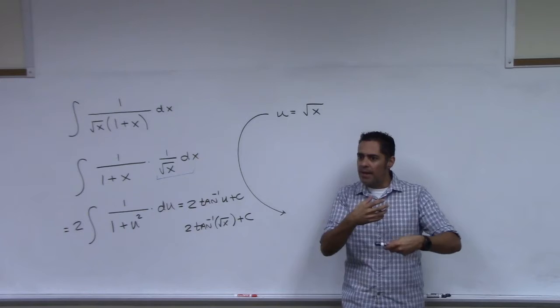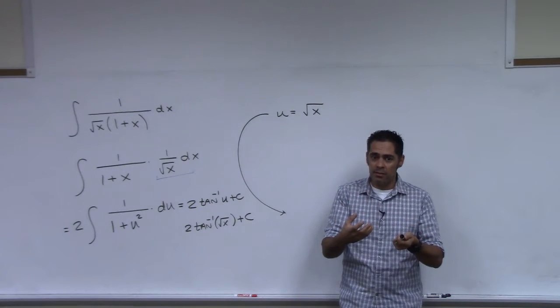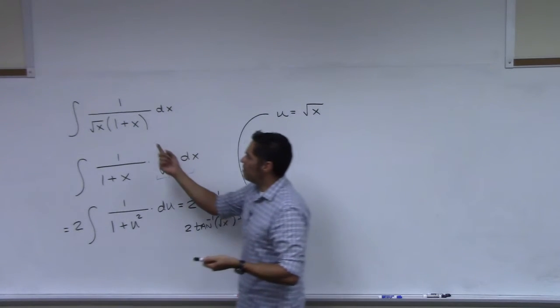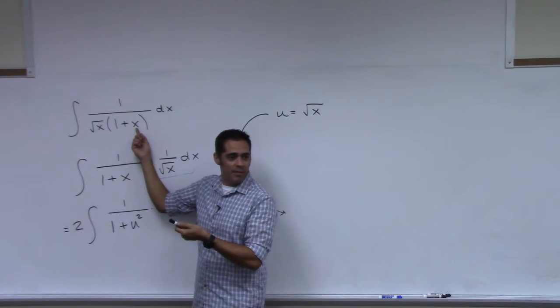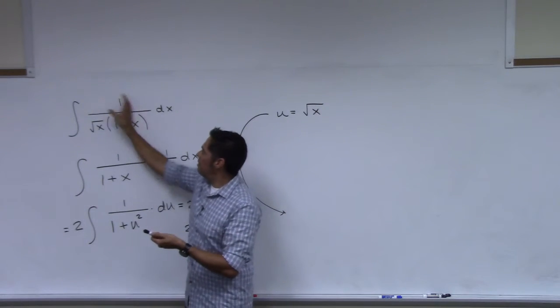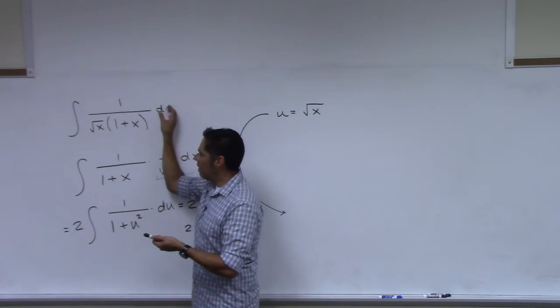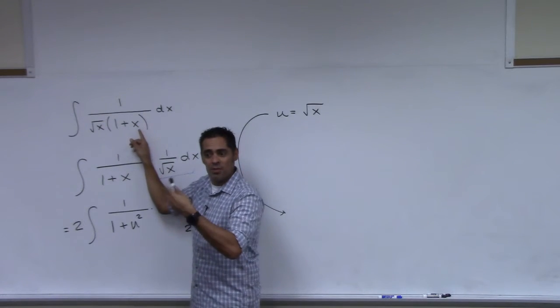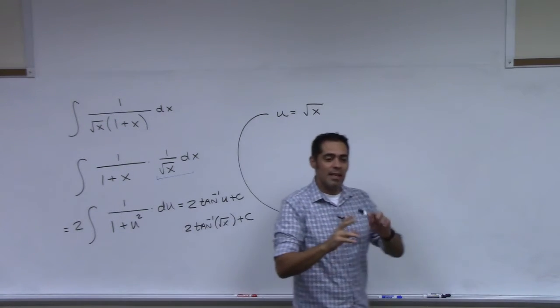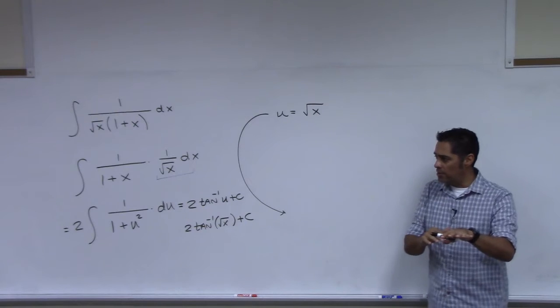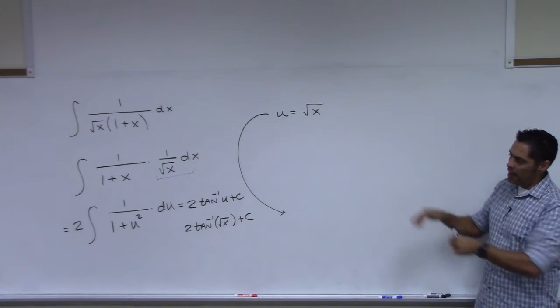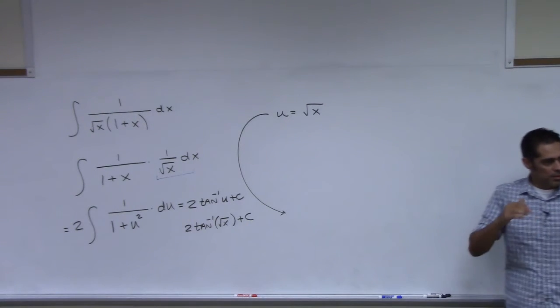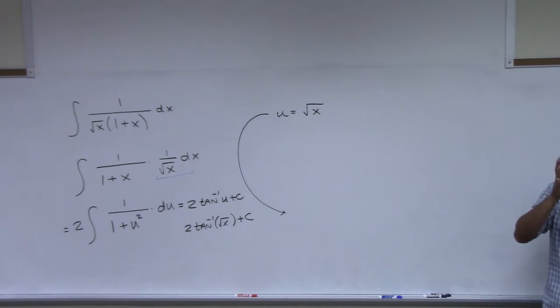So maybe I can let u be root x. But then what's this? Oh, that's root x squared. So this part's the derivative, and this is going to be 1 over 1 plus u squared. It's arctan. That's going to take time for you to get to that comfort level. But with that perspective, after we've worked through it, you're just notching up, opening up your vision, and your field of view is starting to become a little broader, hopefully.